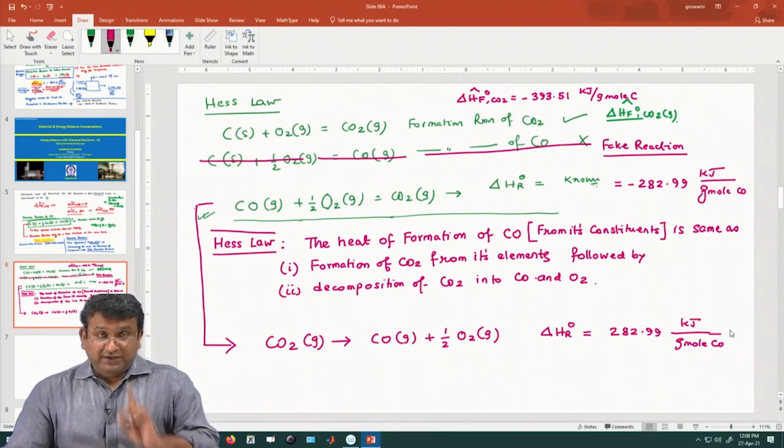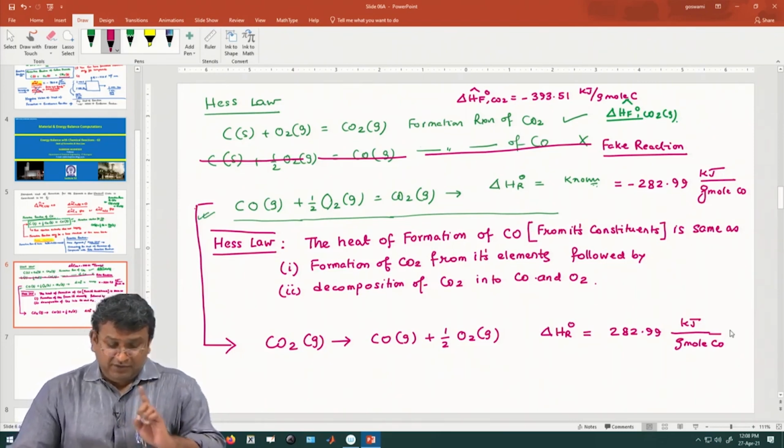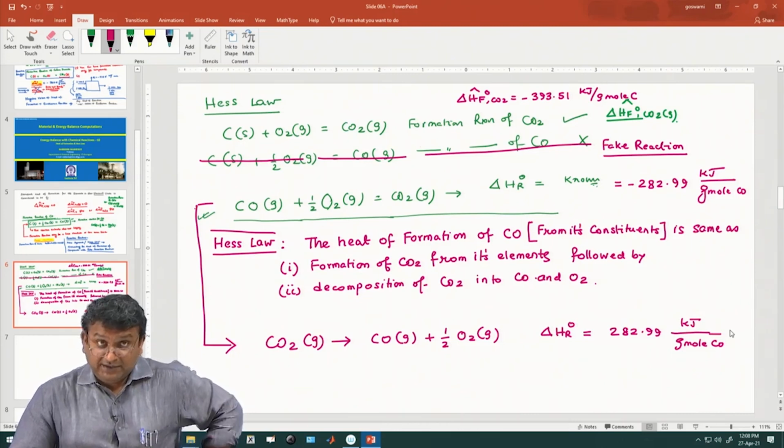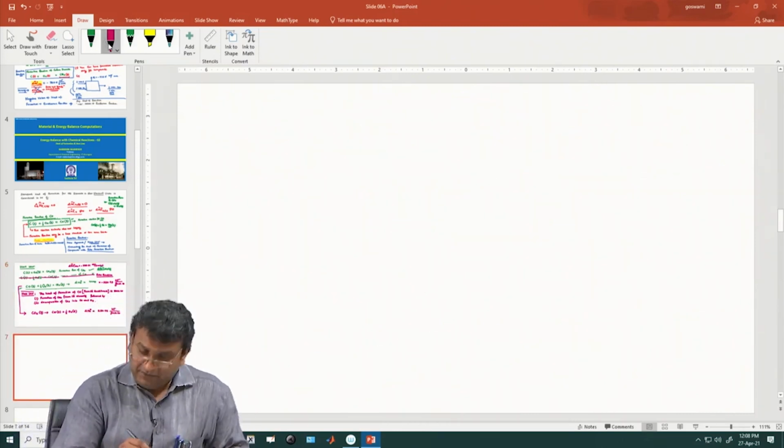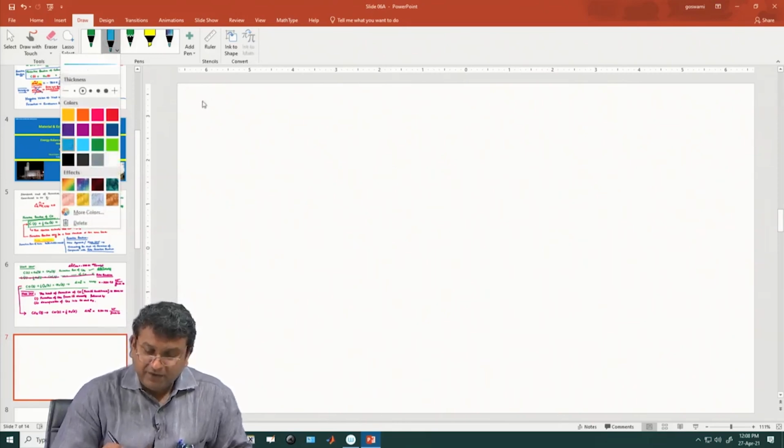So, two things. One is the Hess law. Now let us try to find out what Hess law says. I am coming back to that reversibility thing.